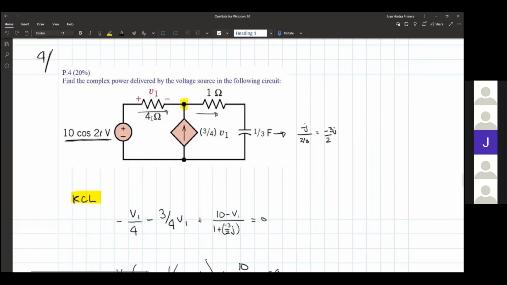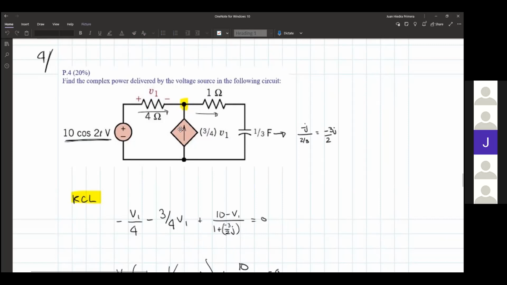So the current going through the V1 over 4, and the current going through the voltage controlled current source, 3/4 V1, plus the output current traveling through here. Hang on, we'll check that one. 10 minus V1. Oh, okay, yeah, sorry, my bad. The voltage traveling through here over the impedance of this entire part equals 0.